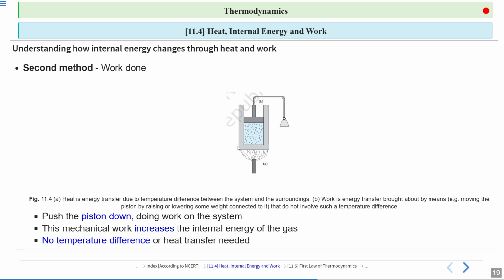No temperature difference or heat transfer is needed. All right. So work is the energy transfer by means of moving the piston, by raising or lowering some weight connected to it. So it does not involve anything such as a temperature difference.